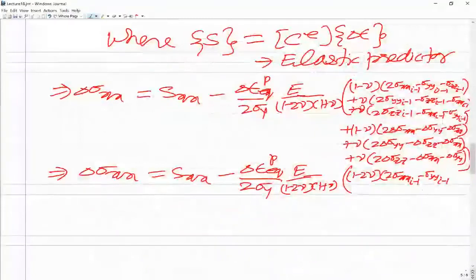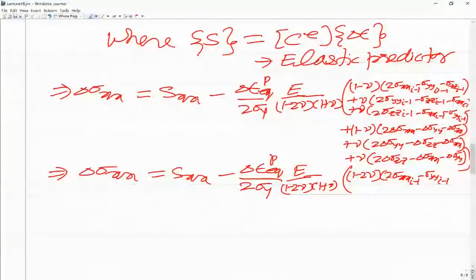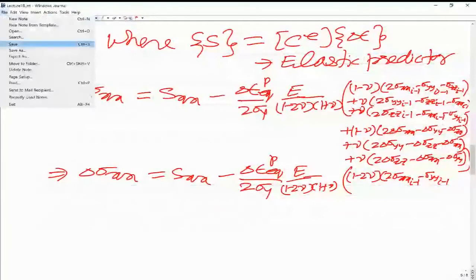minus I think it is not writing, so let me open and close. There's some problem.